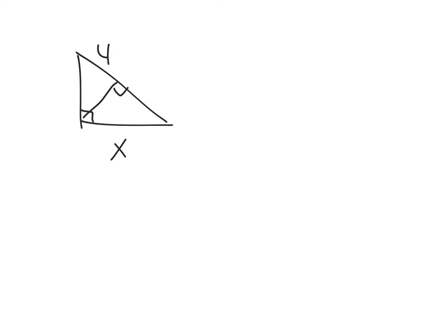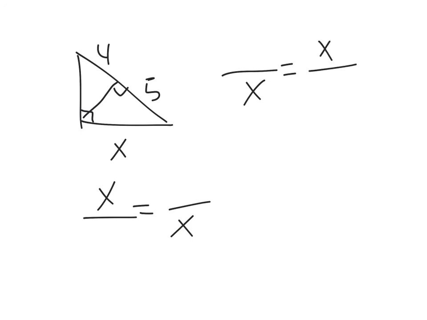And this is 4, and this is 5. Okay, so we know that the leg is the geometric mean, so it goes like that. You can put it the other way too if you want, but I always start with what I'm looking for. It doesn't matter which way you write it.